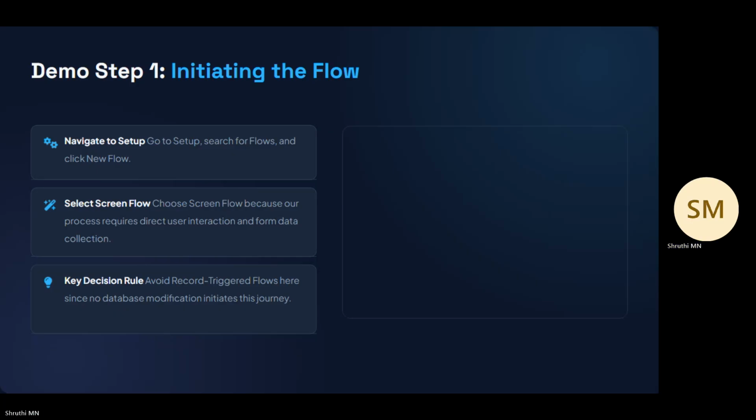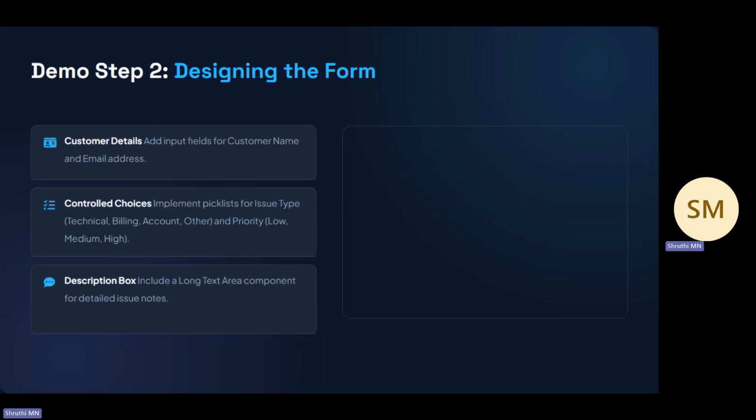I'll name it customer information. The screen will collect the information required from the support representative. We'll add customer name, email, issue type, priority, and description. For issue type, I recommend using controlled choices rather than unrestricted text. For example: technical issue, billing issue, account issue, other. For priority: low, medium, high.